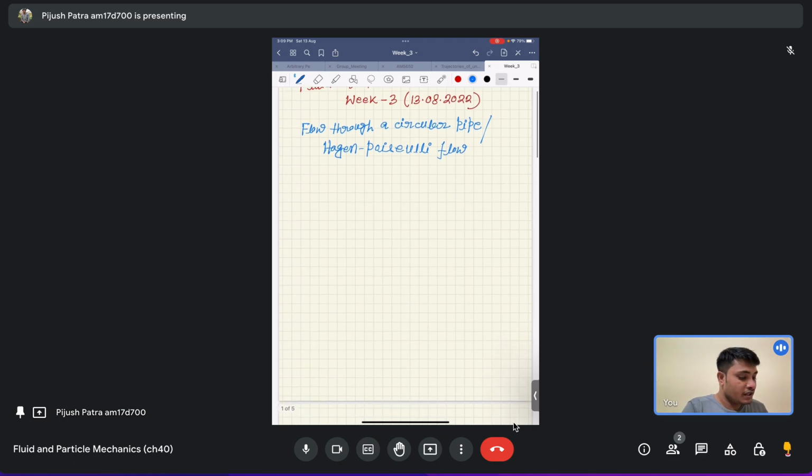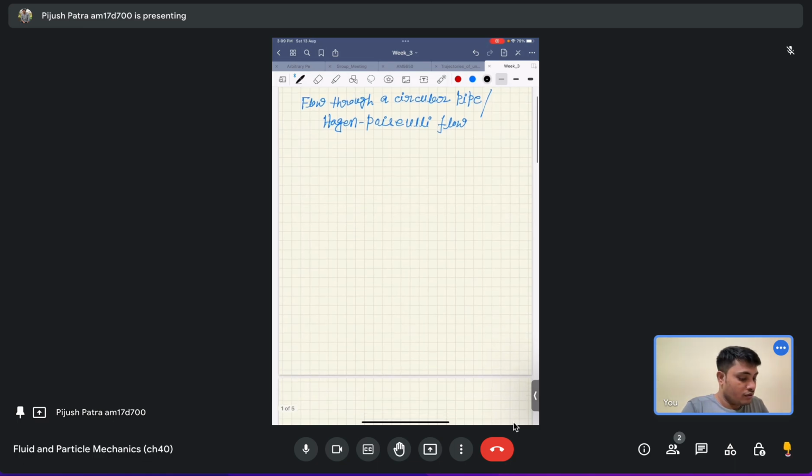So what we are considering here is that I have a circular pipe, this is my central line, and there is a flow, initially a steady uniform flow at the inlet.